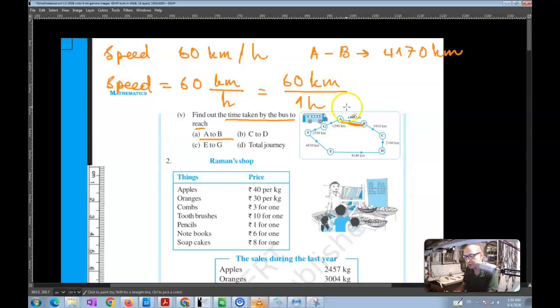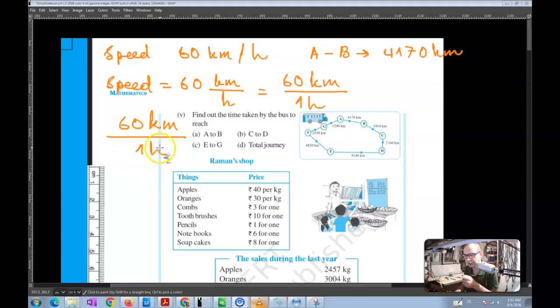That's the meaning of kilometers per hour, or miles per hour, the units that we use for speed. Okay? So now if I know that the speed of the bus was 60 kilometers per hour, we saw that this is something like a proportional thing, right?